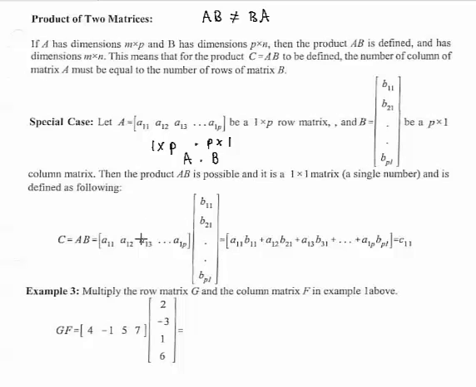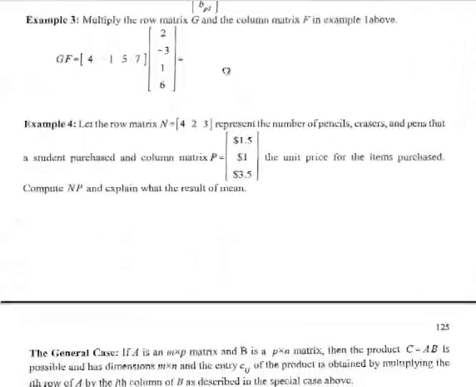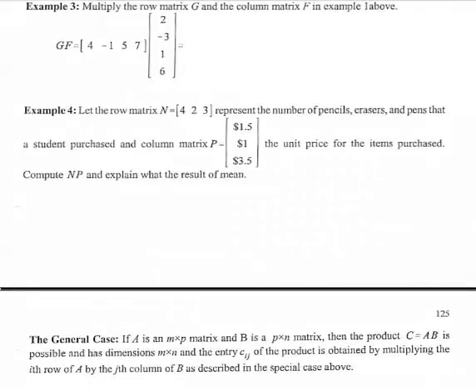So two matrices can actually produce a single number. It's sort of a special case. And again, the columns have to match the rows, or else you can't multiply the two matrices together.